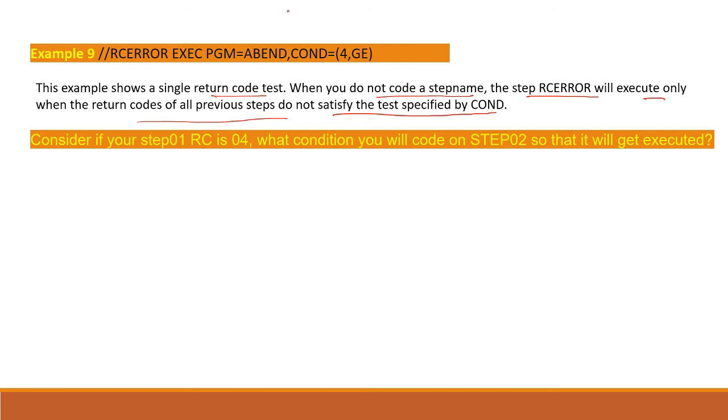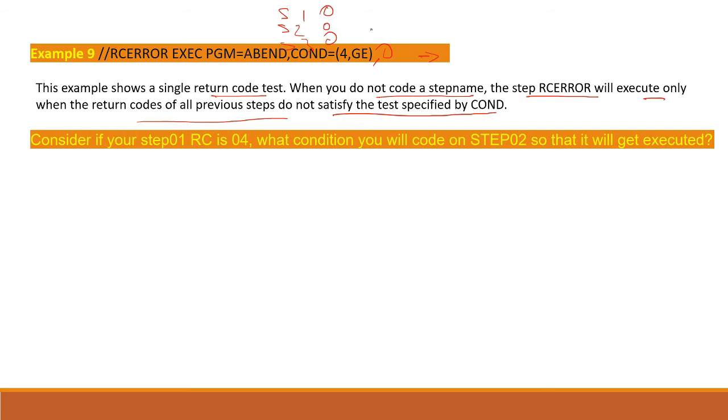Like we have step 1, step 2, step 3. If they are all returning 0, then our condition will become true, and this step will be bypassed.